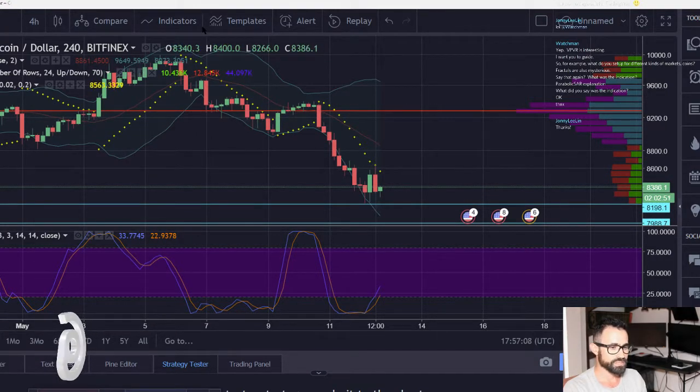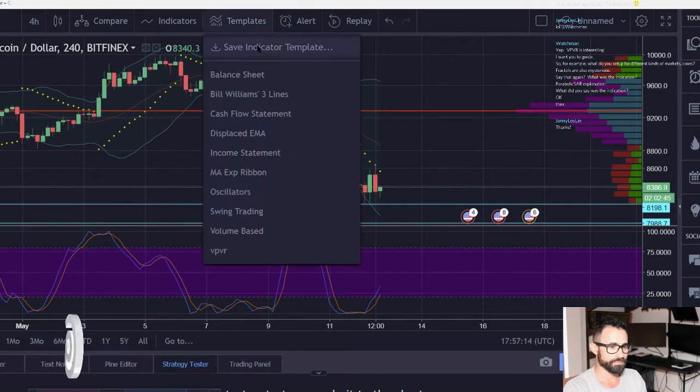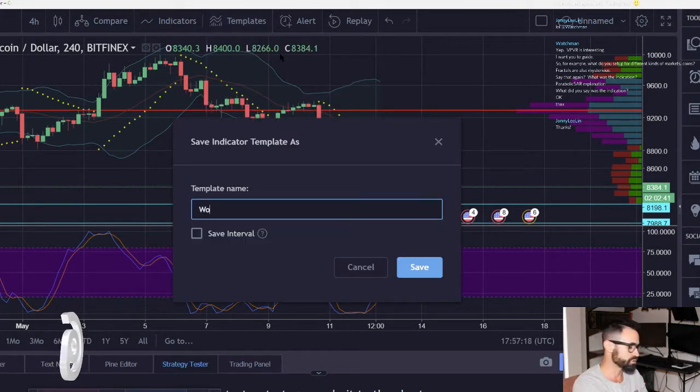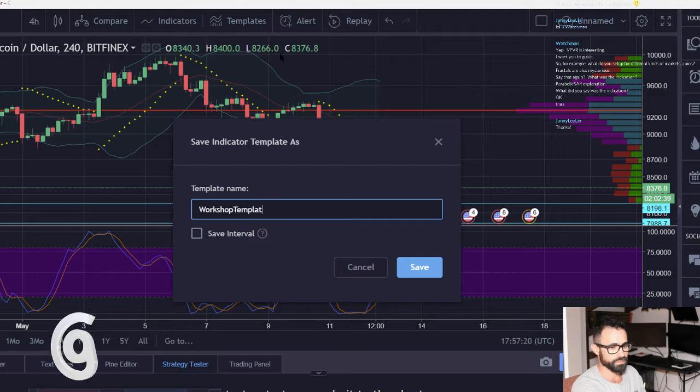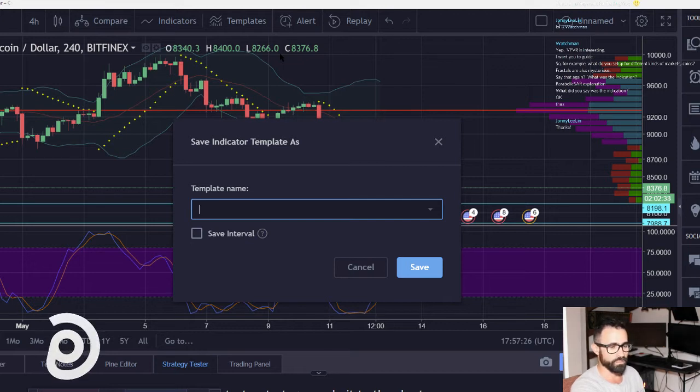So I'm going to go ahead and save this template. Save indicator template. We're going to call this one workshop 2. The best way to name these is whatever is in here.